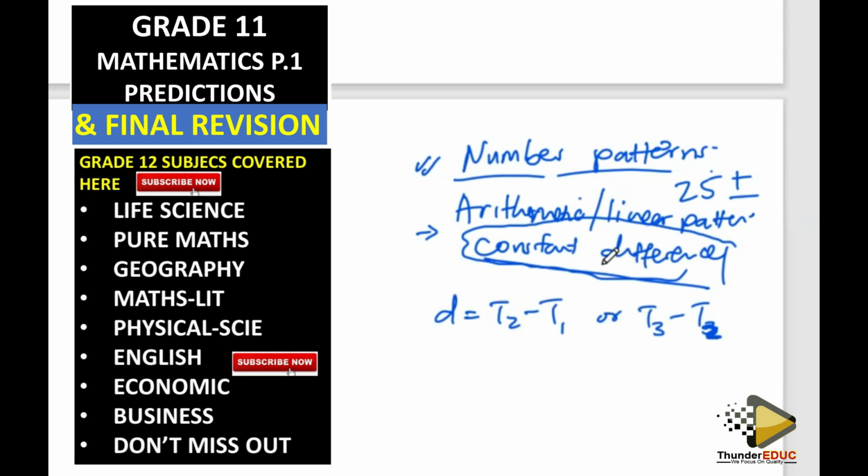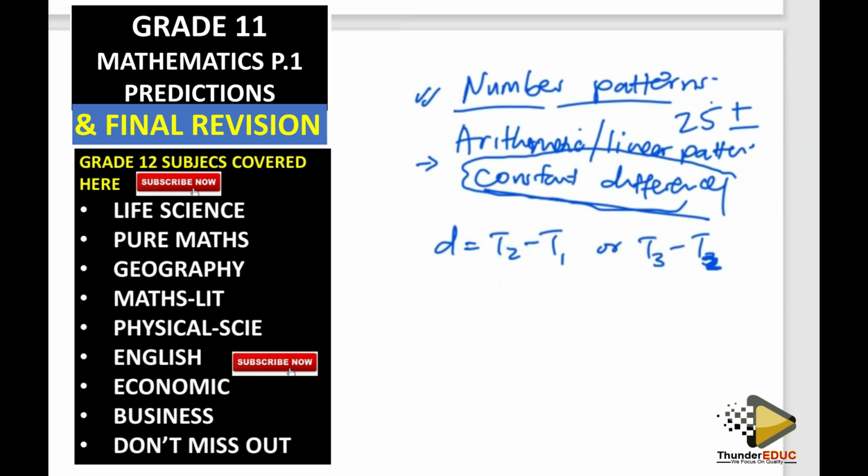So we need to know how to work with a common difference, how to determine the general term or the general rule. Then I know some grade 11s are using grade 12 concepts or approaches of getting that. You're still allowed, for as long as it is mathematically correct. And then the other one that we do in grade 11 is what we call the quadratic pattern.